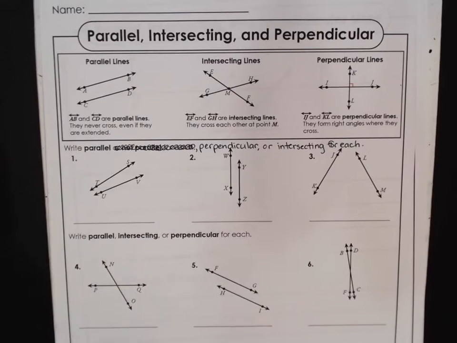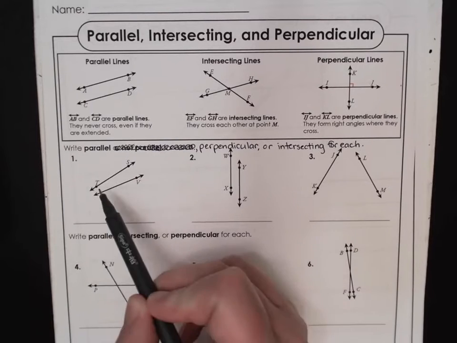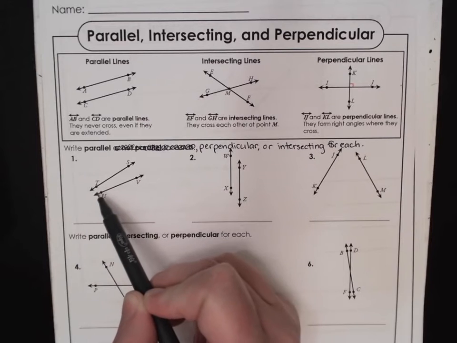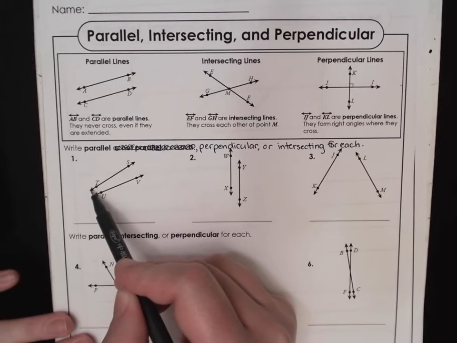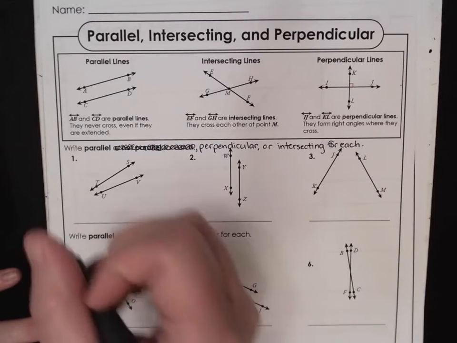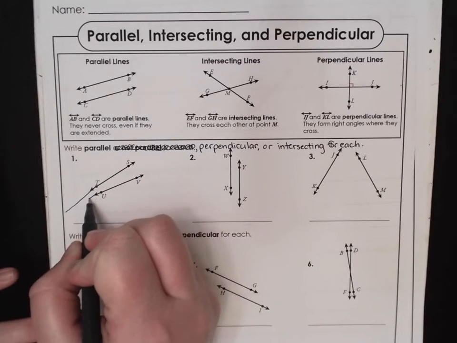For number 1 through 3, it says write parallel, perpendicular, or intersecting for each. So number 1, the lines aren't touching yet, but if you look at them, the spacing is not equal. So down here, they're getting a little bit closer together. So that means if you extend these, I'm going to extend line TS, and I'm going to extend line UV.